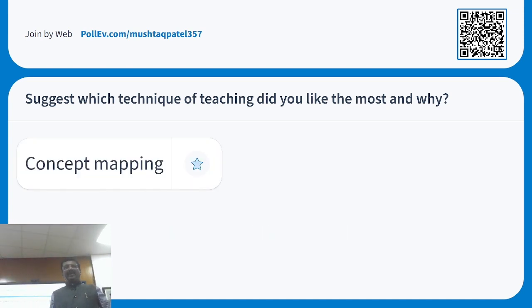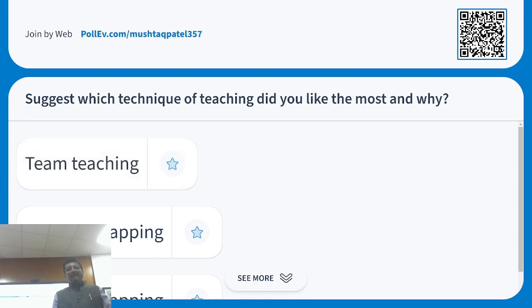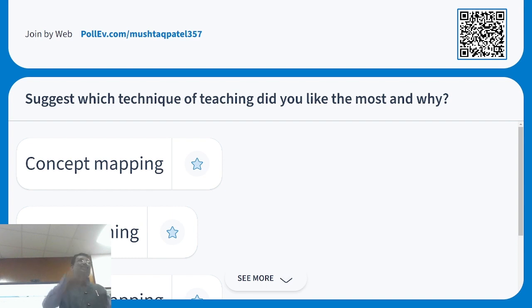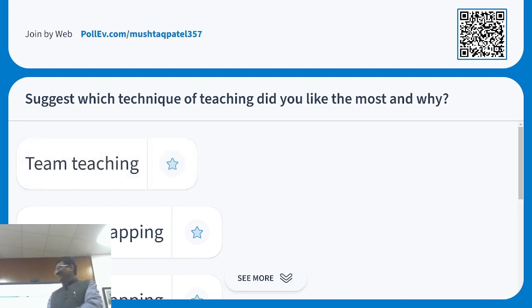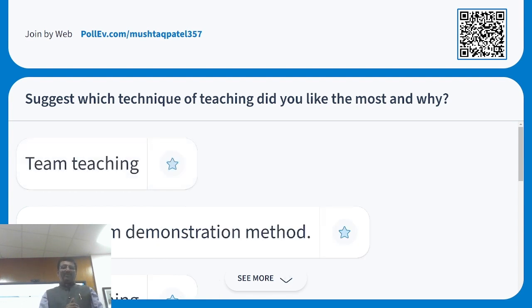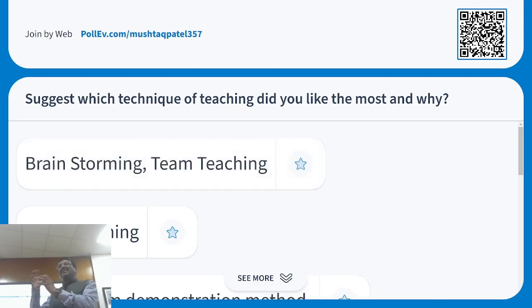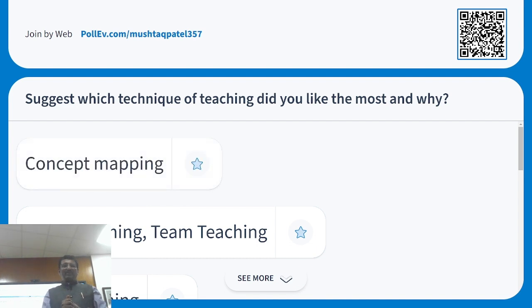Whichever you like, you can tell. Concept mapping, team teaching. I am trying to fix this concept in you. What are the different techniques? That is why I am telling. So 6 more minutes. I was talking about only techniques. This is why I am asking question after completing one aspect. Brainstorming, team teaching. Okay.